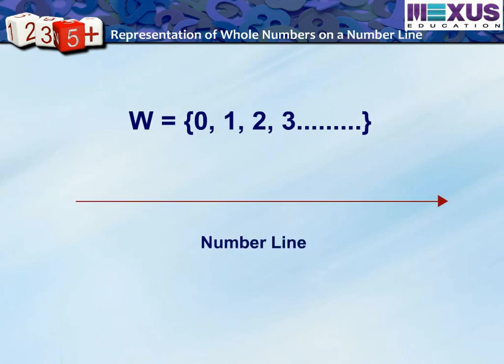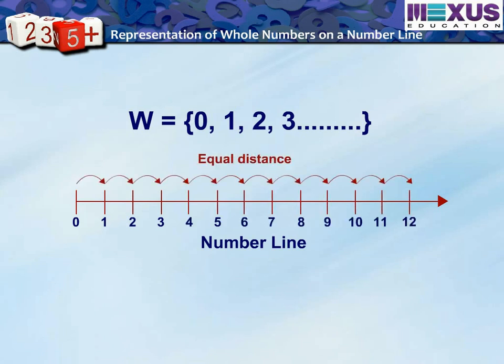Draw a line. Mark a point at the start of the line. Label it 0. Now, mark another point at some distance from 0 and label it as 1. In the same way, mark points 2, 3, 4, respectively, at equal distance from 1.